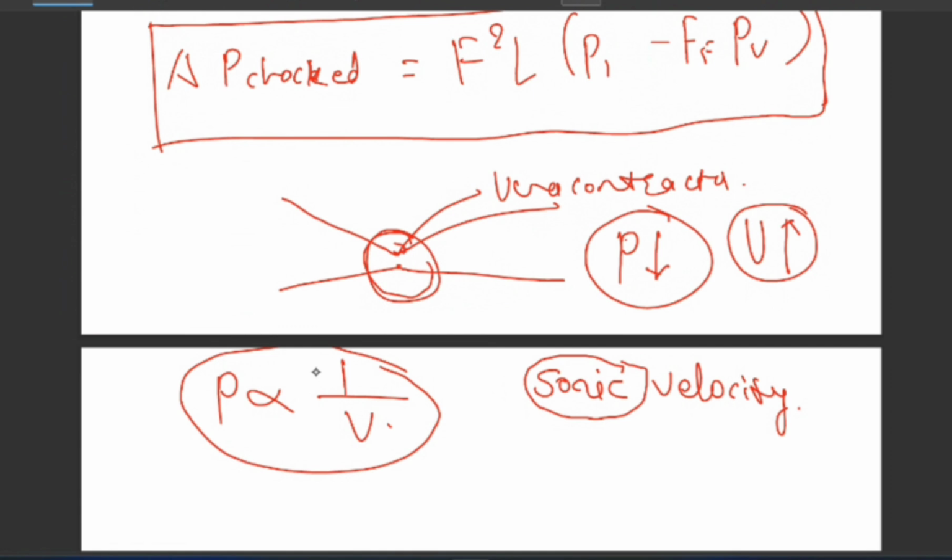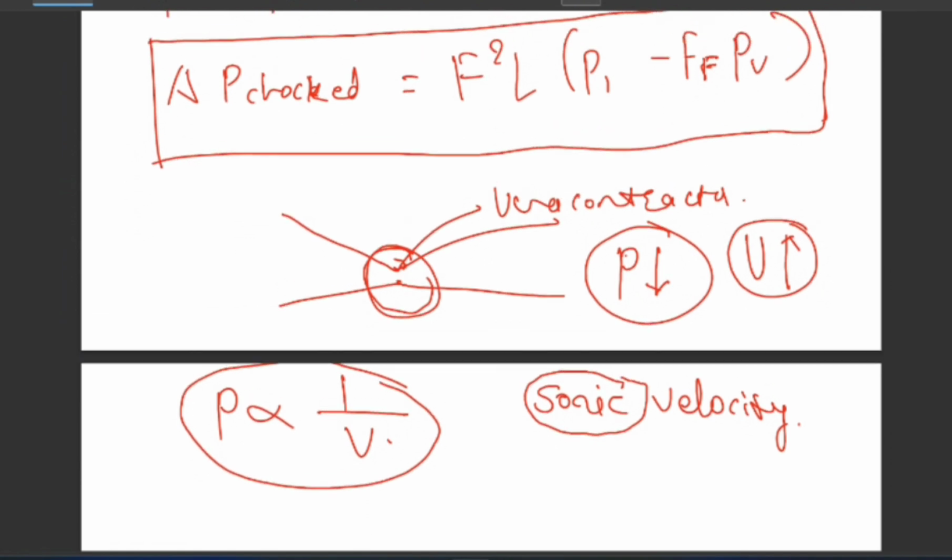For calculating the choke flow, there is a standard formula, and you should know this formula. In an interview, they can ask you this question: what is the choke flow formula?